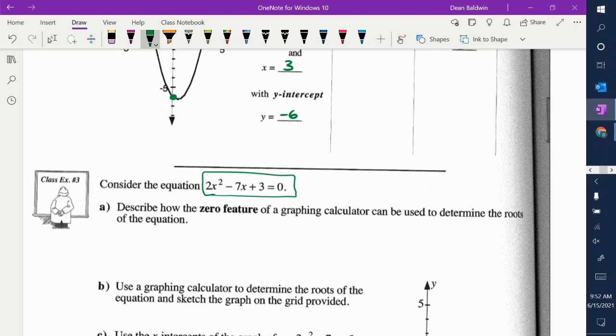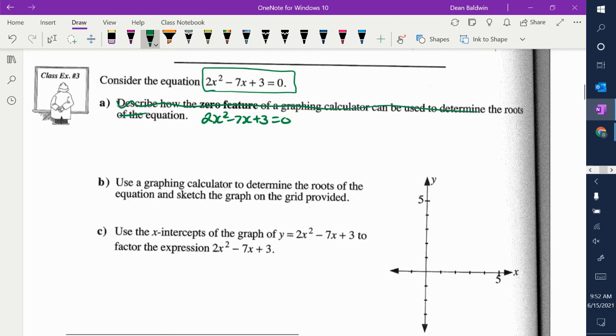How do you solve quadratic equations? You factor it. So we're ignoring this stuff. So I take 2x squared minus 7x plus 3 is equal to 0. How do I factor this? What type of factoring is this? Multiply the first and the last. 6. What multiplies to 6 and adds to -7? -6, -1.